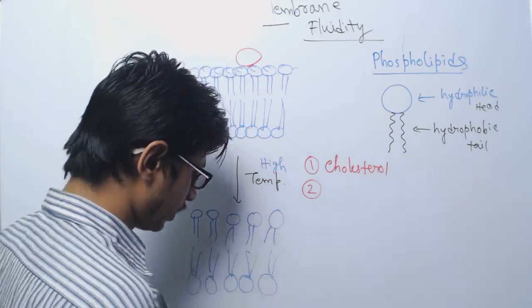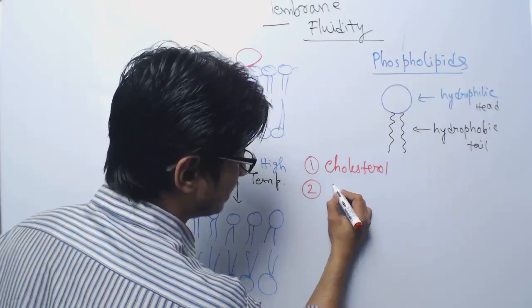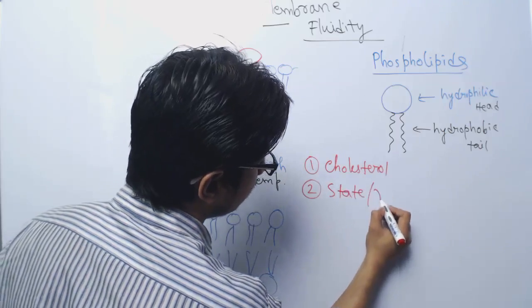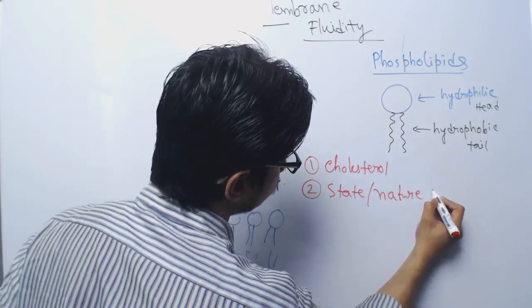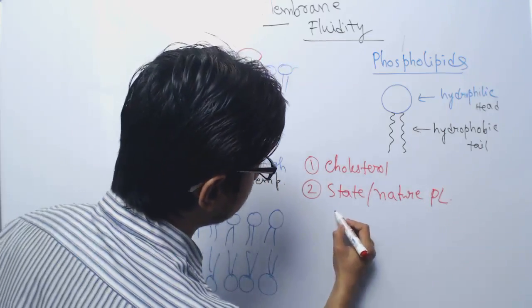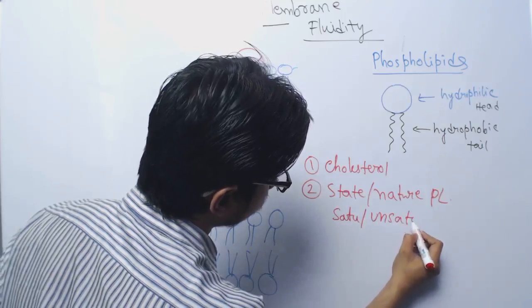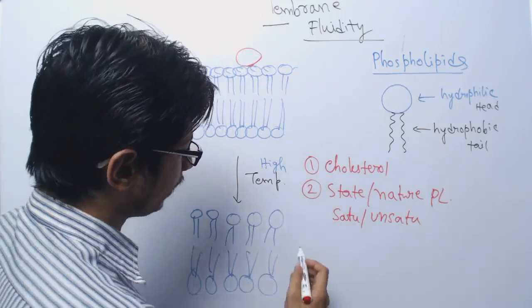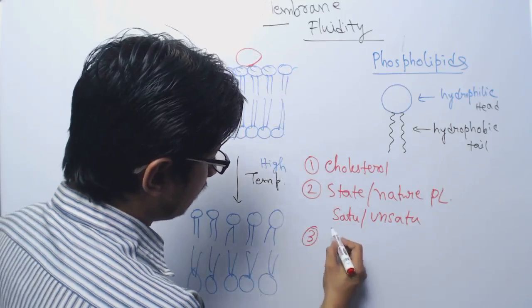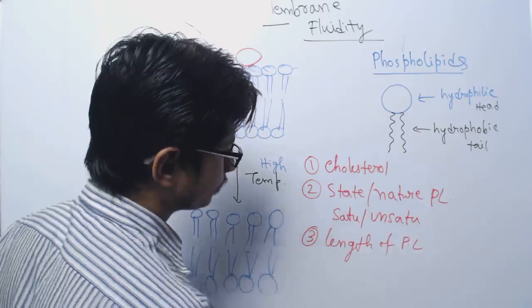One is cholesterol, the second one is the state or nature of the phospholipid, meaning whether it is saturated or unsaturated. And third is the length of those phospholipids.